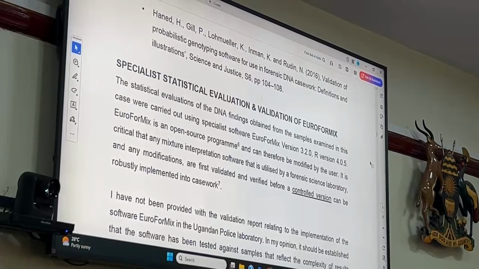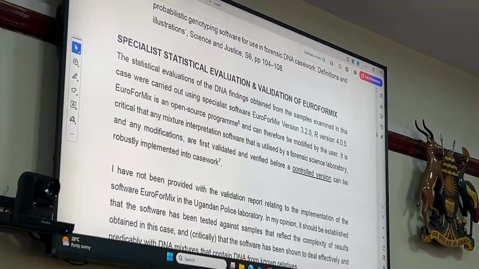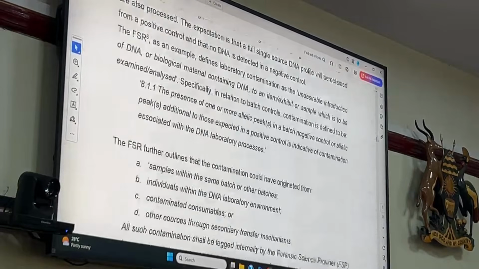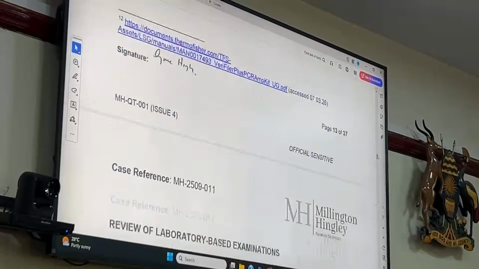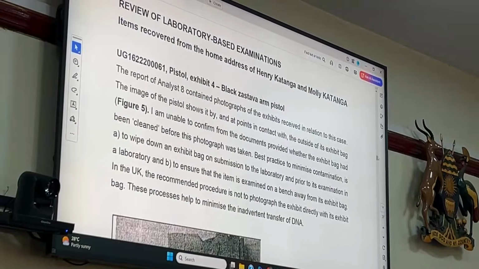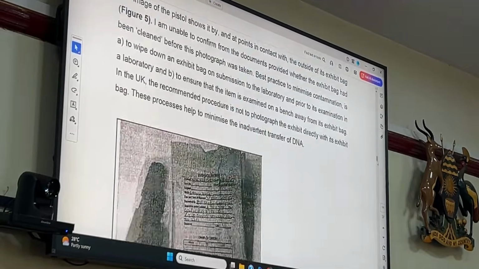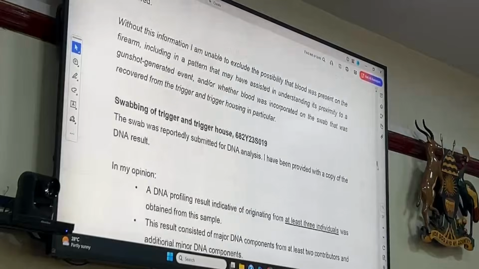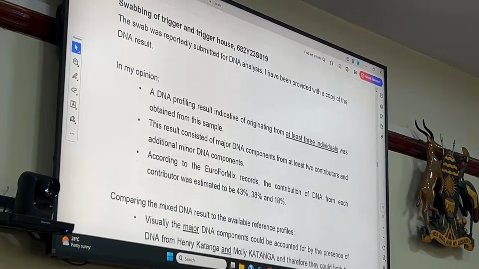I want us to go to two very specific results. I want us to go to the result on the trigger and trigger housing. You have the secondary swab, the one which was taken after the trigger was swabbed. You have explained to my lord that the first swab would have removed the DNA from the trigger, but that secondary swab, I want us to go to it, and I'm going to be very brief and quick on this one.